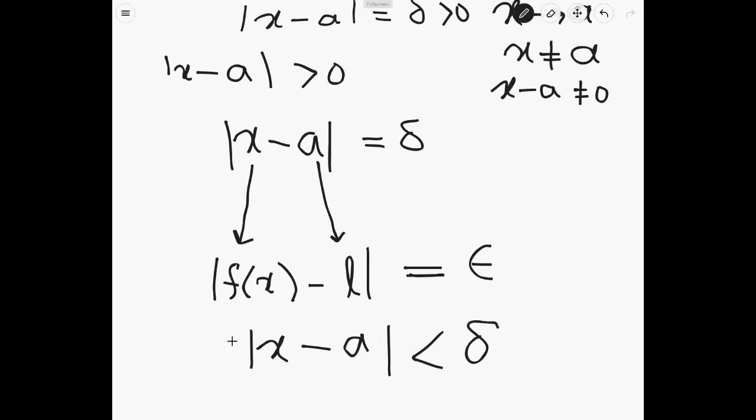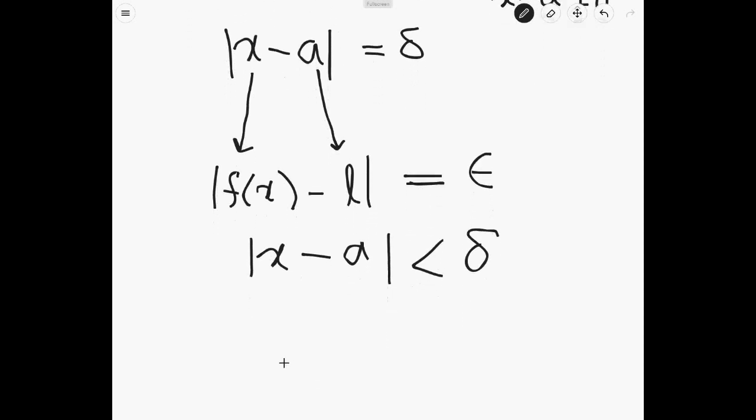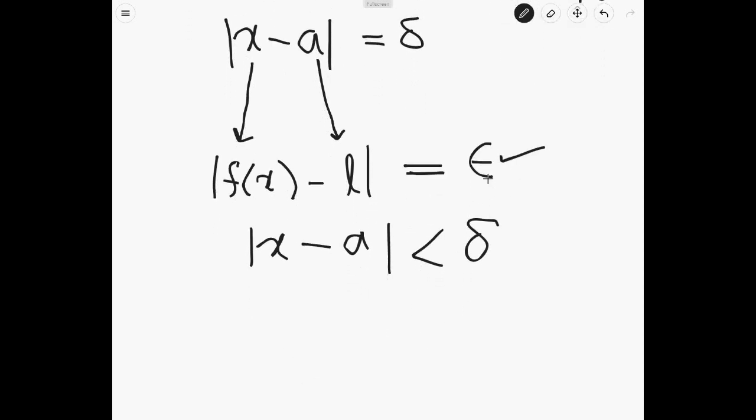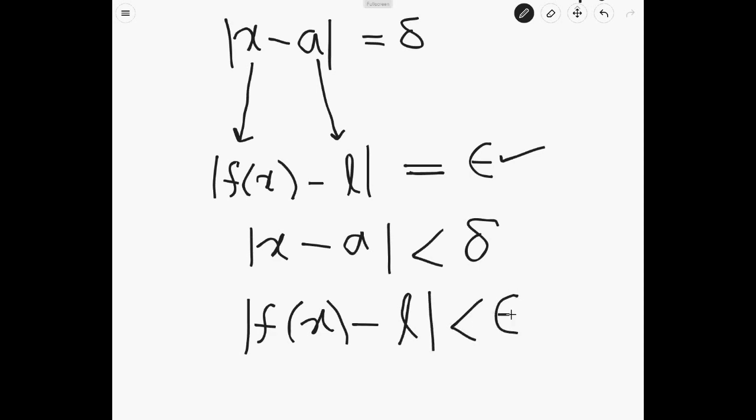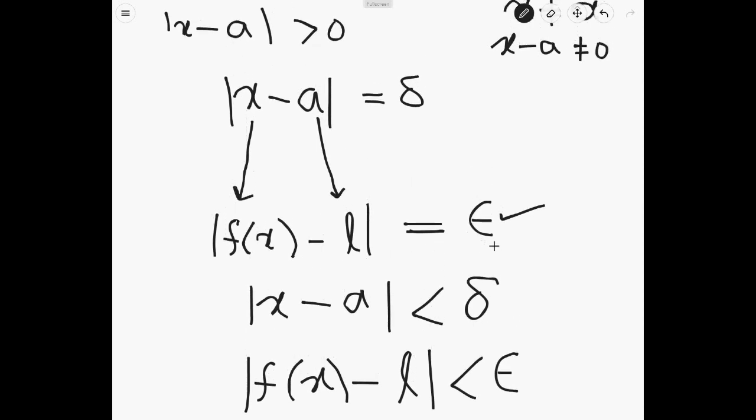Similarly, when this difference becomes smaller, the function value also becomes closer to this value L, and therefore the absolute value of f of x minus L also becomes smaller than epsilon. So we will write that f of x minus L is less than epsilon. It can again be justified by the use of the figure.